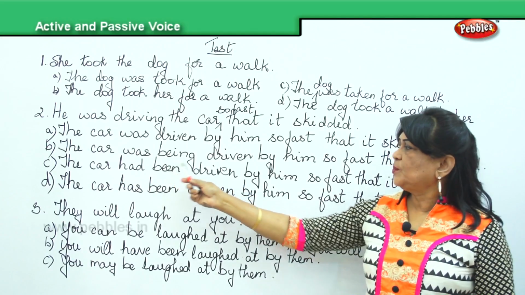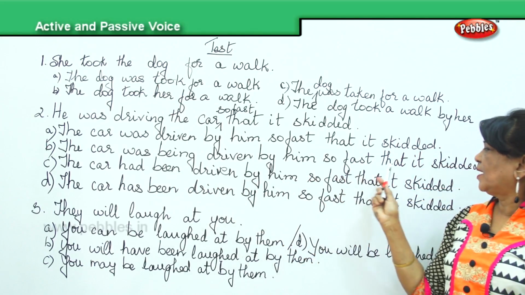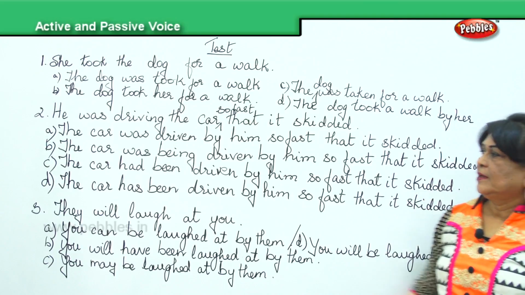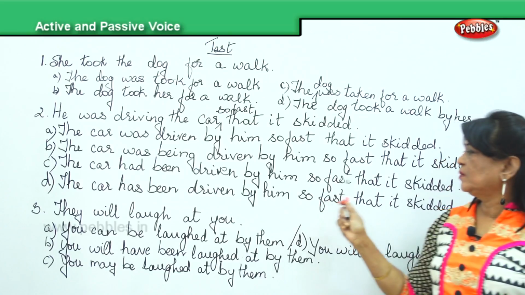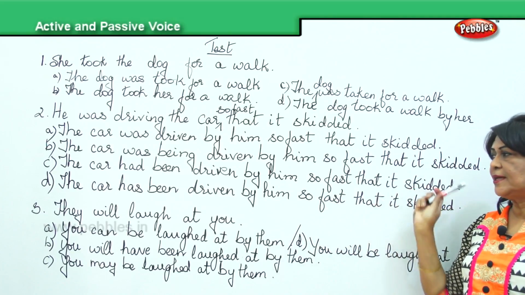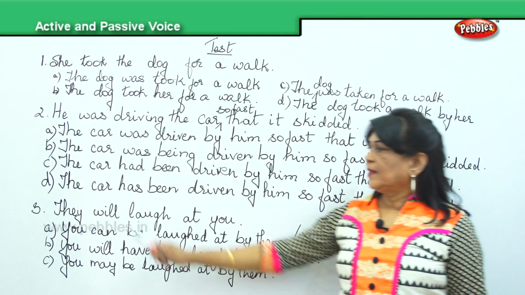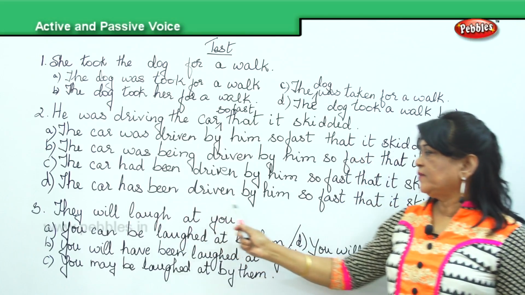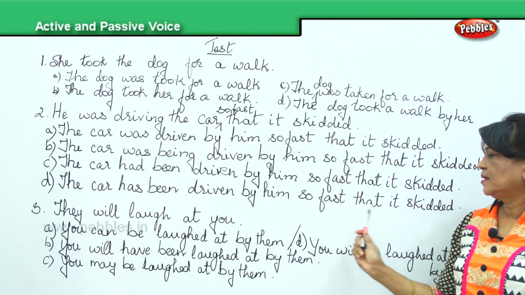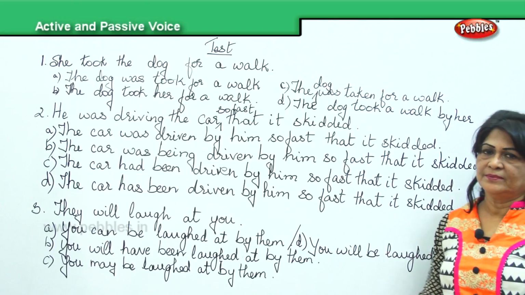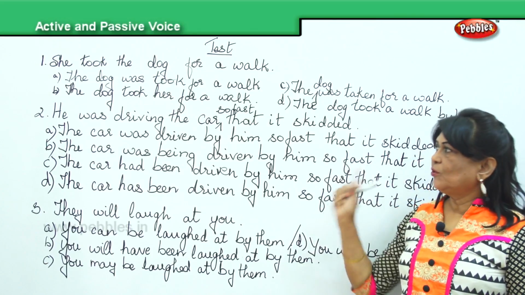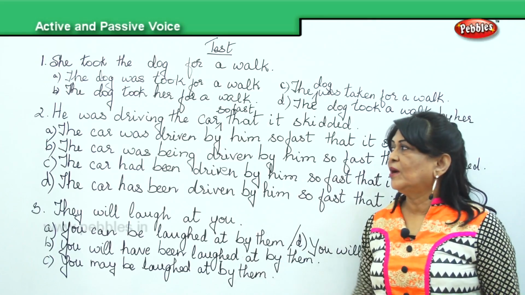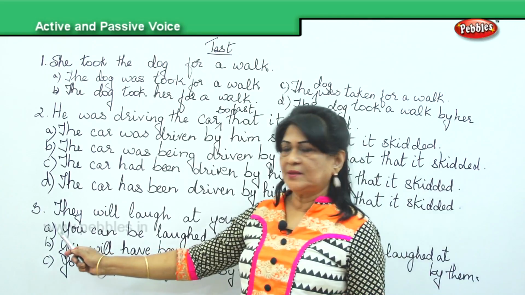The car was being driven by him so fast that it skidded. The car had been driven by him so fast that it skidded. The car has been driven by him so fast that it skidded. I have taught you some rules for each tense. So, apply those rules and you have to choose the right answer.